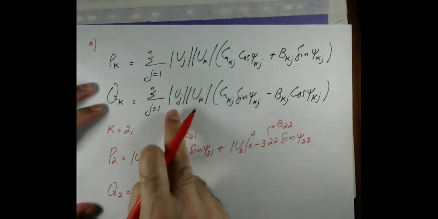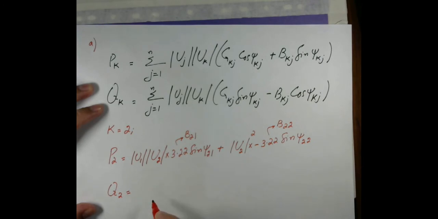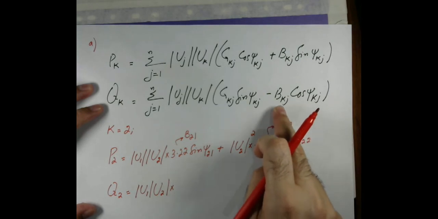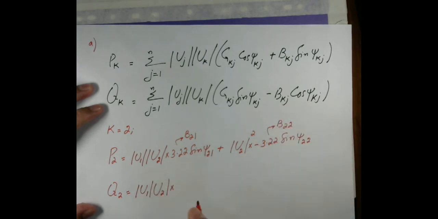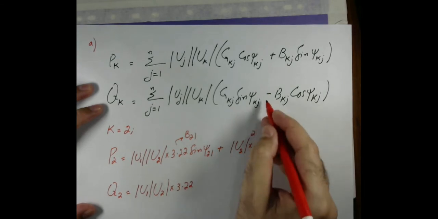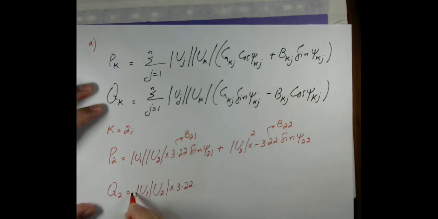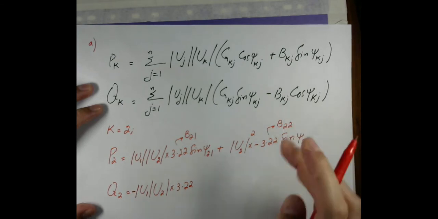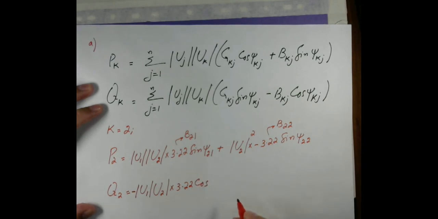So that will be equal to U1, U2, into B21, which is 3.22, but we have a negative sign, so that will appear here. So we will have a negative sign in front and then 3.22 and cos of psi 21.